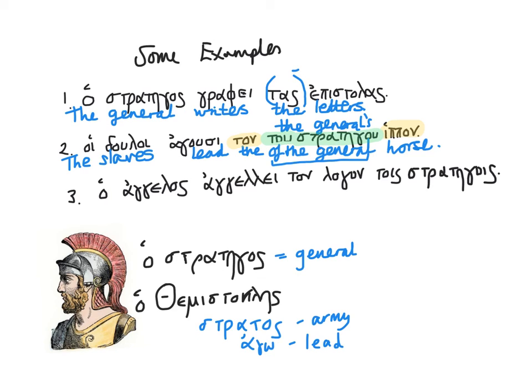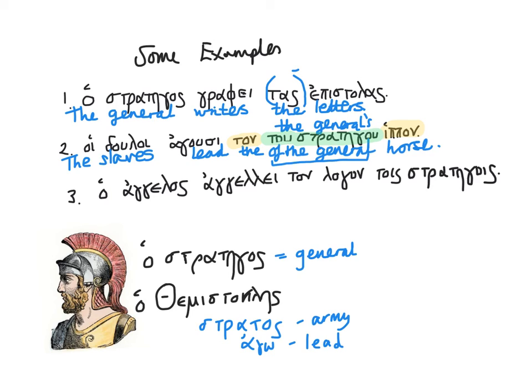We can see that we've got a bit of a sandwich structure with the words ton and hippon on the outsides and to strategu in the middle. And this is a typical feature of a Greek sentence where the genitive, article and noun sit in between another article and noun. We call it the genitive sandwich, and you'll see that more often in Greek.